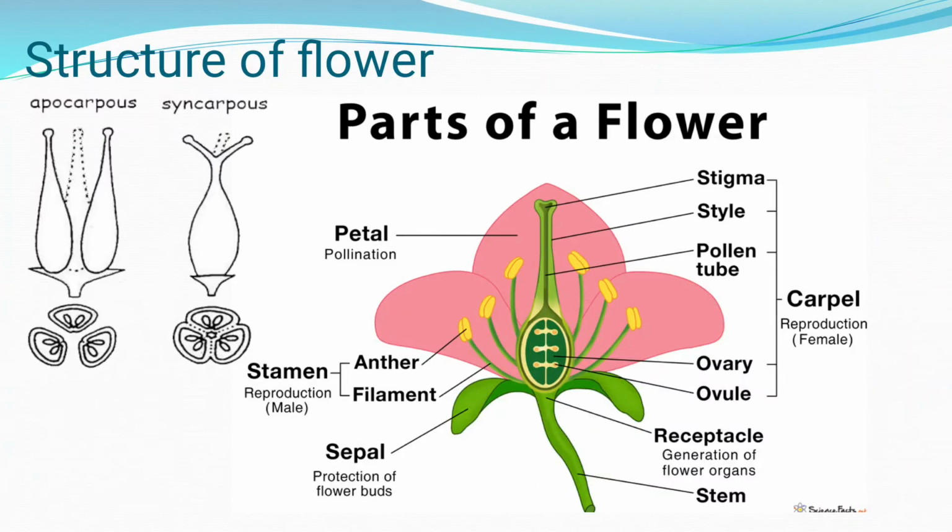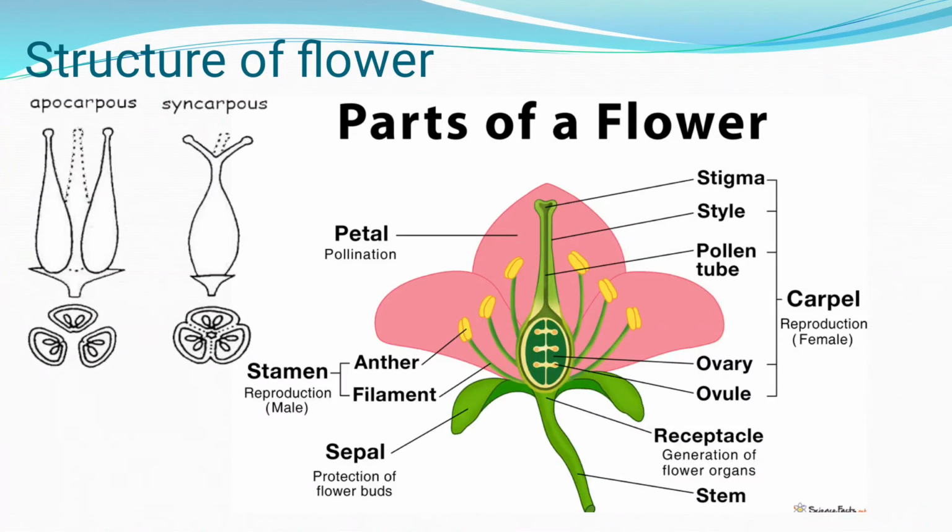In the second figure, there is a diagrammatic representation of these carpels. First there are apocarpous ovaries, and after that syncarpous ovaries. Apocarpous means there are multiple carpels in a single flower, having various ovaries as well as ovules.